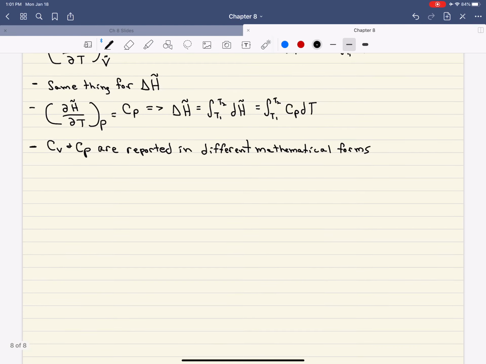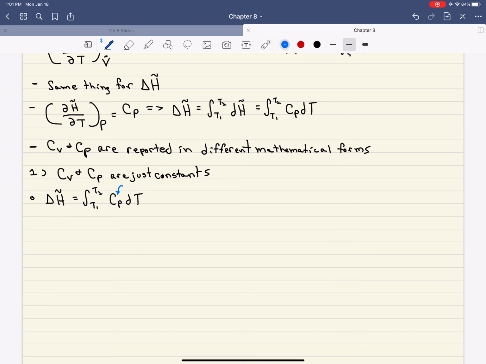Perhaps the easiest form to work with is the case where Cv or Cp are just constants. For example, let's say we were trying to calculate delta H. That would just be equal to the integral of Cp dT from temperature 1 to temperature 2.